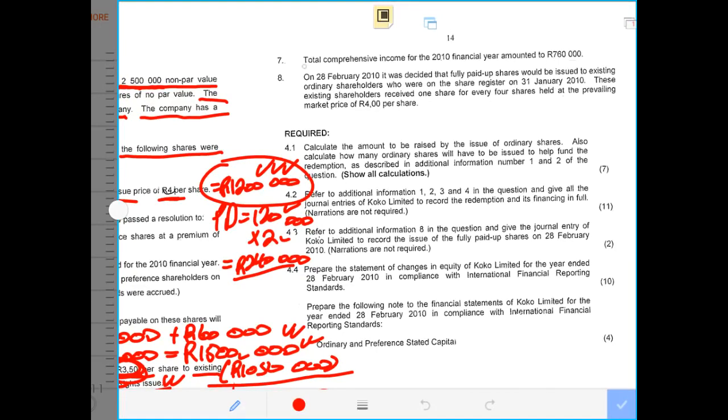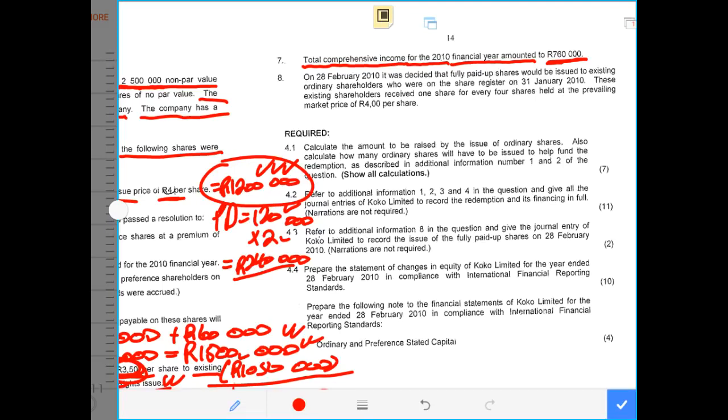Then it says total comprehensive income for the 2010 financial year amounted to 760,000 rands. And the minute you are given total comprehensive income, there is a possibility, if there was revaluation, that the revaluation is already included. If there is no revaluation, please worry not.